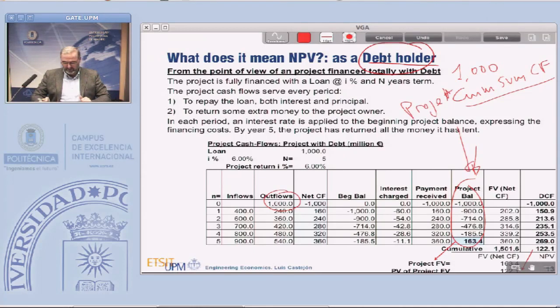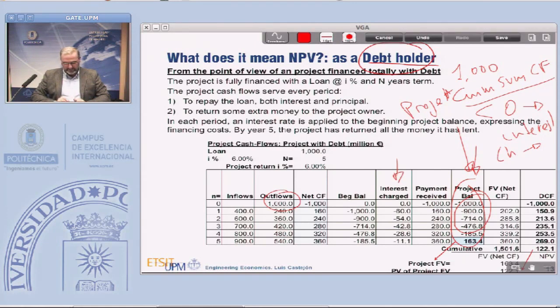Then for any negative amount of money in this project balance, we will be using the interest rate. So we will go to the bank to finance the negative project balance amounts, and then charge every year this interest as the cost of capital. This is this column.